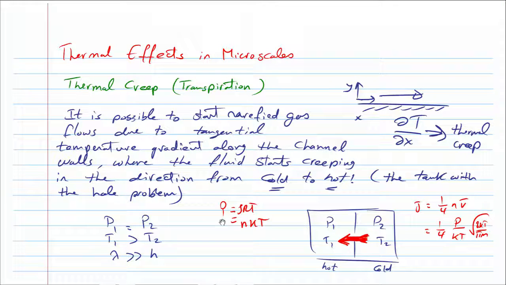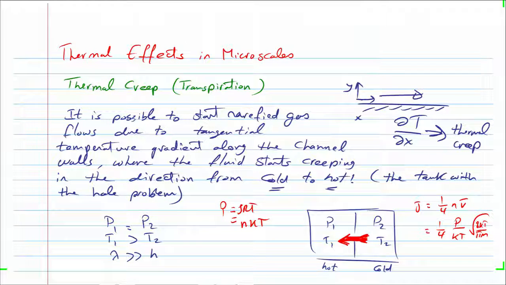So I'm reminding you, you know how P is rho RT? That's the equation of state. The pressure is the density multiplied by R, where R is the gas constant. What is the gas constant? Anyone remember what R is? It's R universal over M, where R universal is 8314 joule per kilomole Kelvin, and M is the molecular weight.